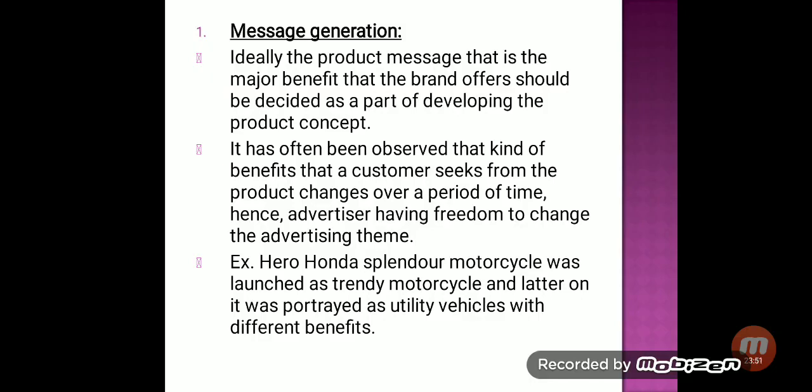In this example, during the initial time of Hero Honda, the company was portraying in their advertisement that Hero Honda Splendor is a trendy motorcycle for the youngsters. But with the passage of time, the strategy or the message of Hero Honda Splendor changed.